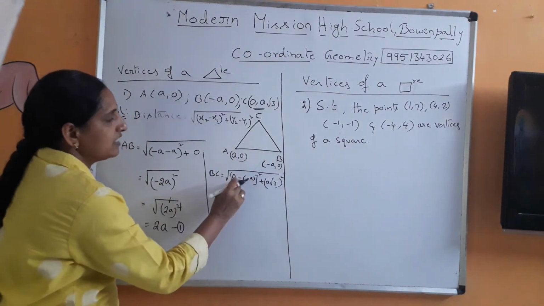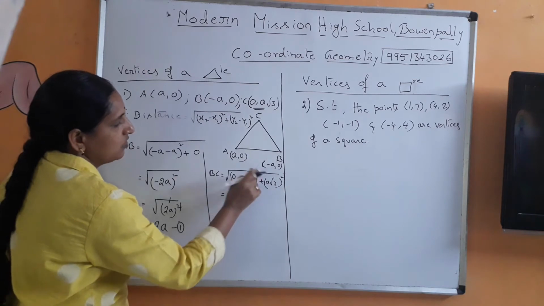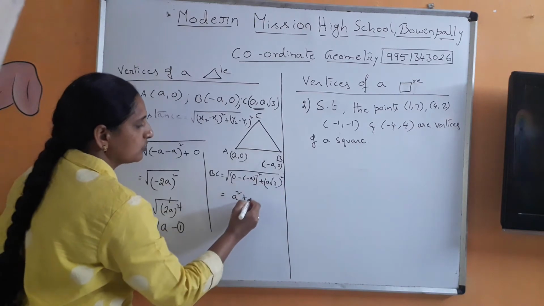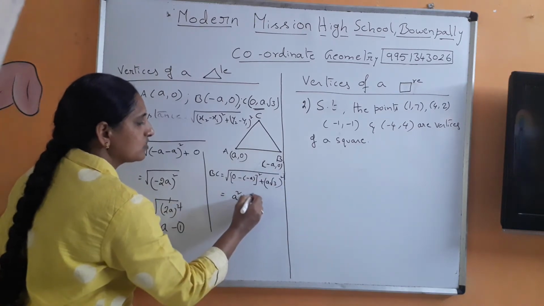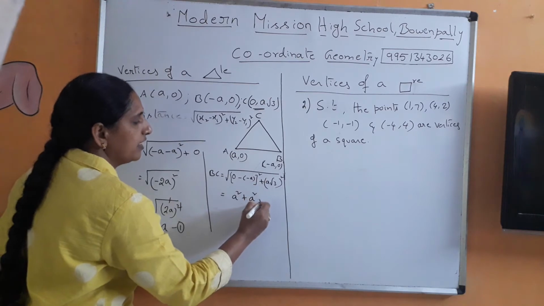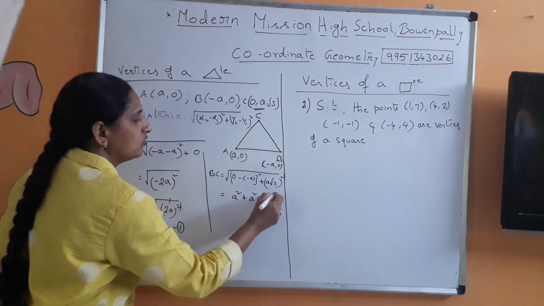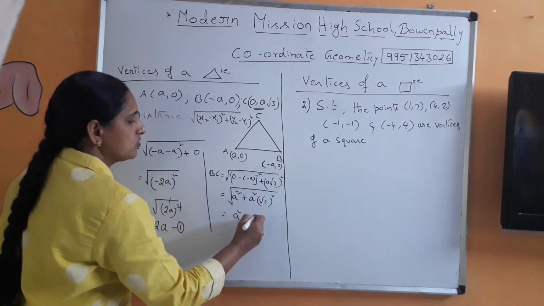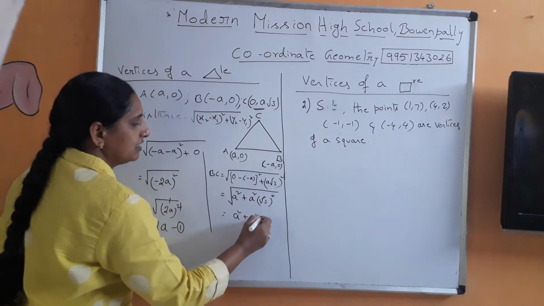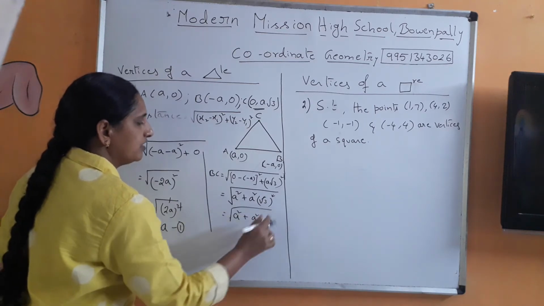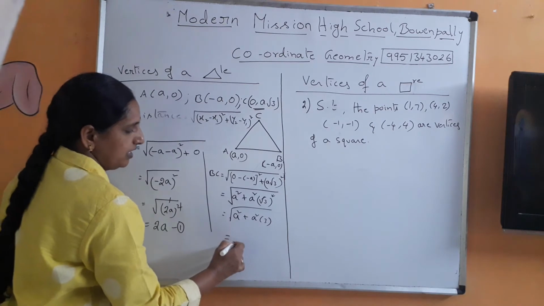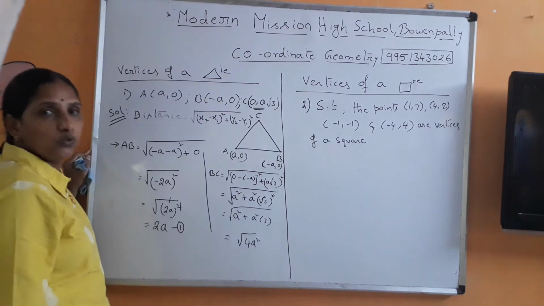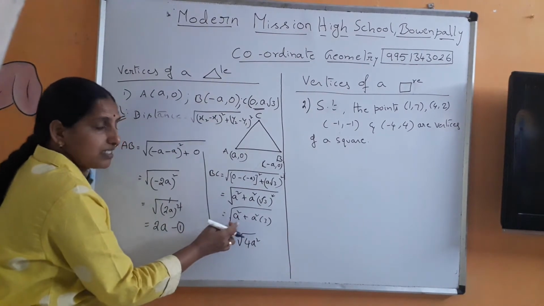So it is a square plus a root 3 whole square, that is a square plus 3a square, which is 4a square under root.